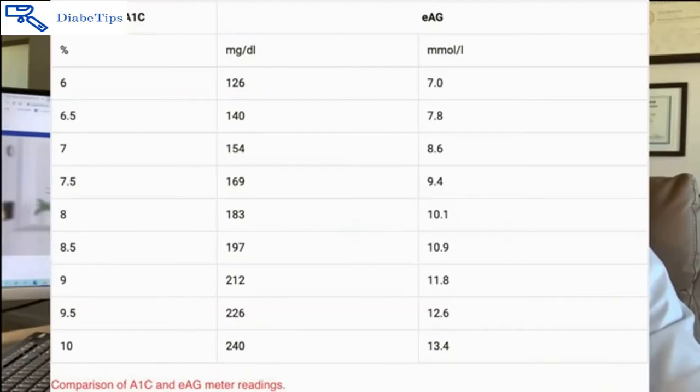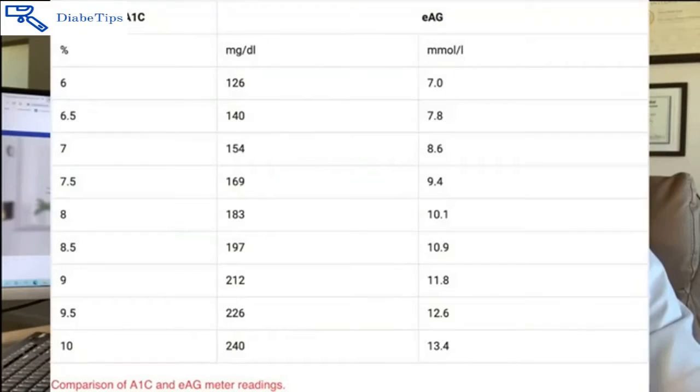But the bottom line, at least you should understand, if nothing else from this video, is that every percentage in A1C corresponds to an average blood sugar. So 6% is on average 120, right? 7% is 150. Every 1% increase or decrease corresponds to a 30 milligram per deciliter change in your overall blood sugars. So if you're going from 6% to 7%, that means your average blood sugars are rising by 30 milligrams per deciliter on average.